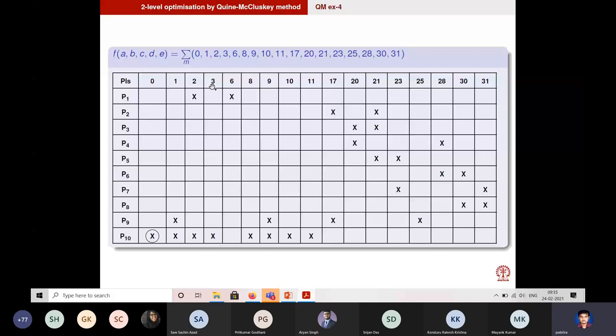Earlier, for example, is there any dominating row here? Let me check if there is a pair of rows which are dominating. Can't find.